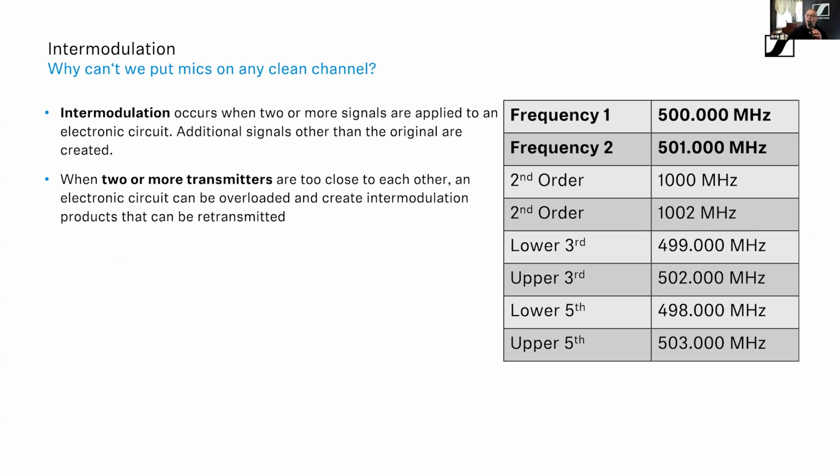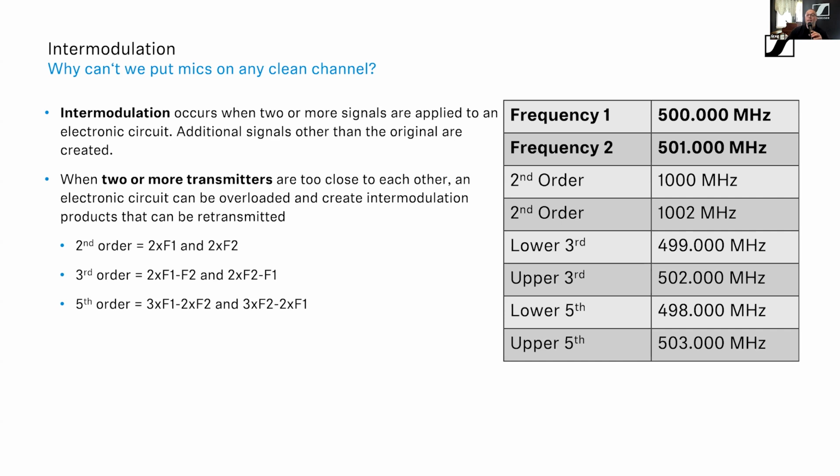If I have another wireless microphone, that one is also sending energy out in all directions. Some of that energy will go into this microphone, and some of this energy will go into that microphone. When both of those frequencies are applied at the same time to those electronic circuits, the microphone itself will overload and generate all these new frequencies in the air. So if your system is susceptible to intermodulation, you need to calculate all of this.